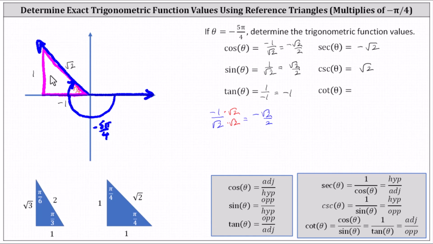And finally, the cotangent function value equals the reciprocal of the tangent function value. The reciprocal of -1, or the reciprocal of 1 divided by -1, is still -1. Or using the reference triangle, cotangent -5 pi divided by 4 equals the ratio of the adjacent side to the opposite side. -1 divided by 1 is -1.